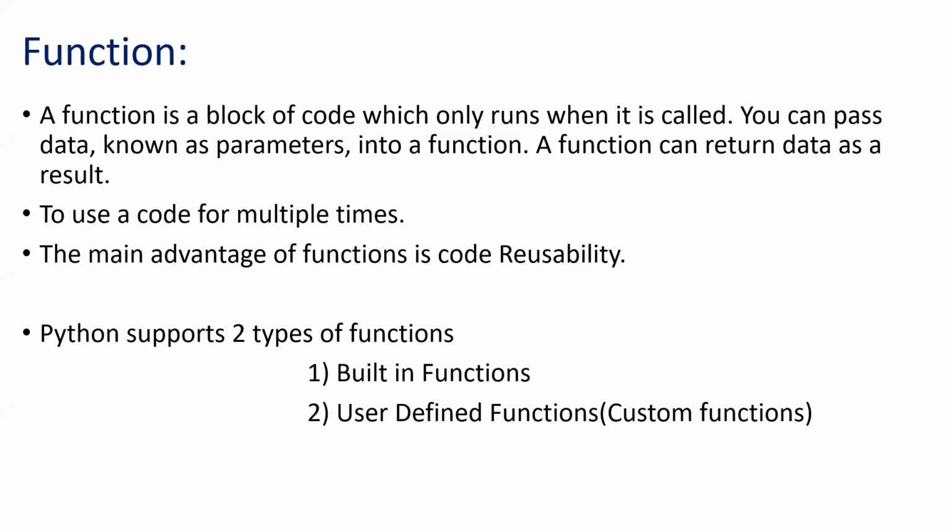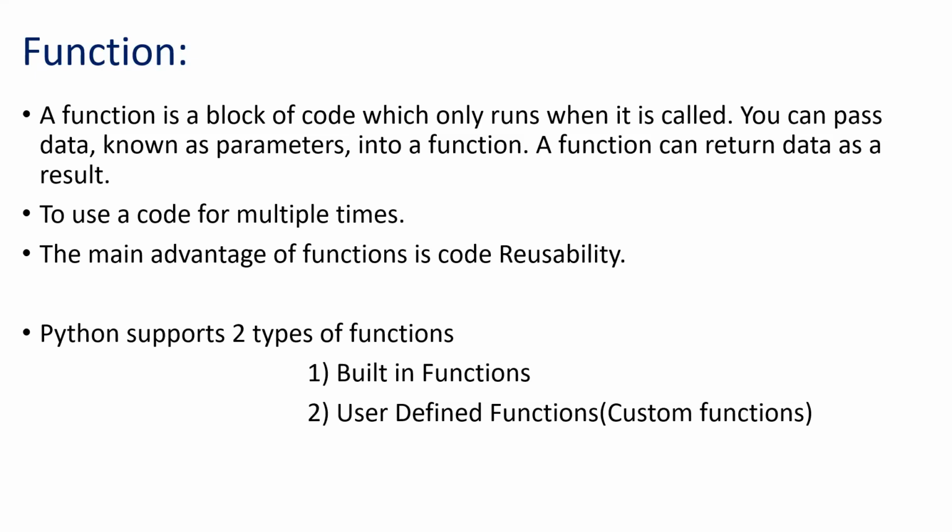Today we're going to discuss functions. What do you mean by function in Python and how can we use functions in our programming? In the introduction of the class, I explained that Python supports functional programming as well as object-oriented programming.